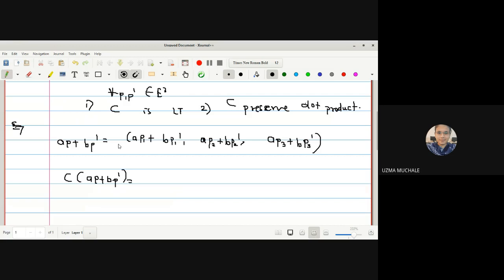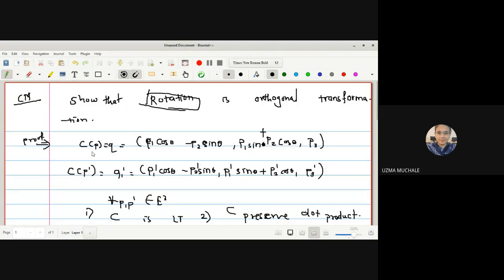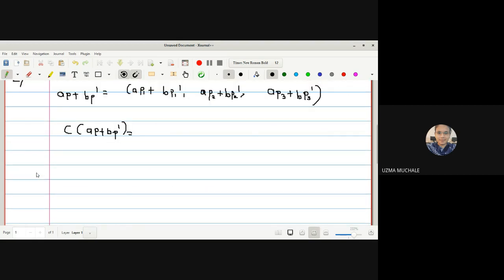Whatever is given to us, CP is equal to, as we have written it, with the first coordinate P1 cos theta minus P2 sin theta. Initially we have P1, P2, P3. So instead of P1, P2, P3, what we have now is, in place of P1, AP1 plus BP1 dash, in place of P2, AP2 plus BP2 dash, and P3.